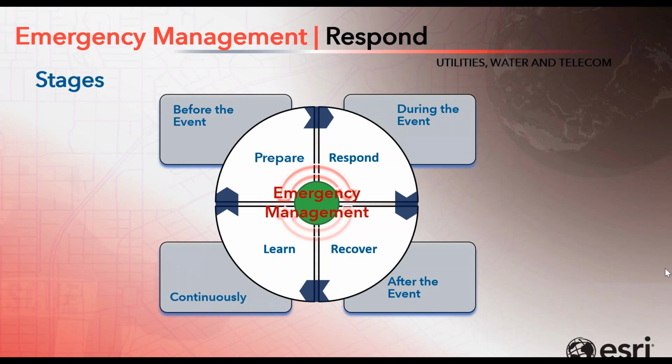Respond, the actions that matter most while the event is happening or just after. And recover, the sun is shining, the earth stops shaking, the wind is calm, the fire is contained, but the infrastructure is severely damaged. This requires a different set of data and processes. And of course, we want to continuously learn about what we did and what we didn't, what worked and what didn't. Today, we'll deal with the second stage, respond.